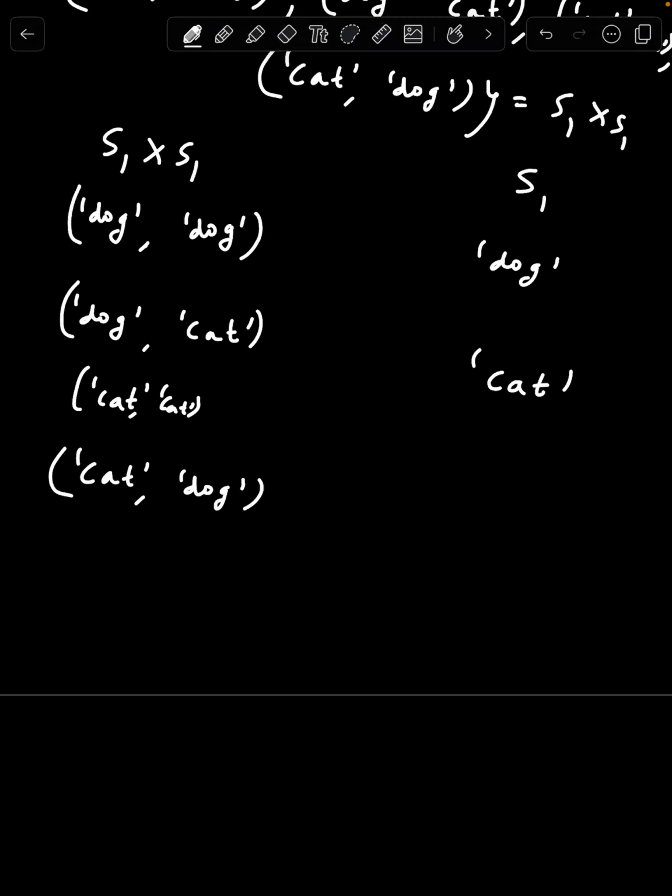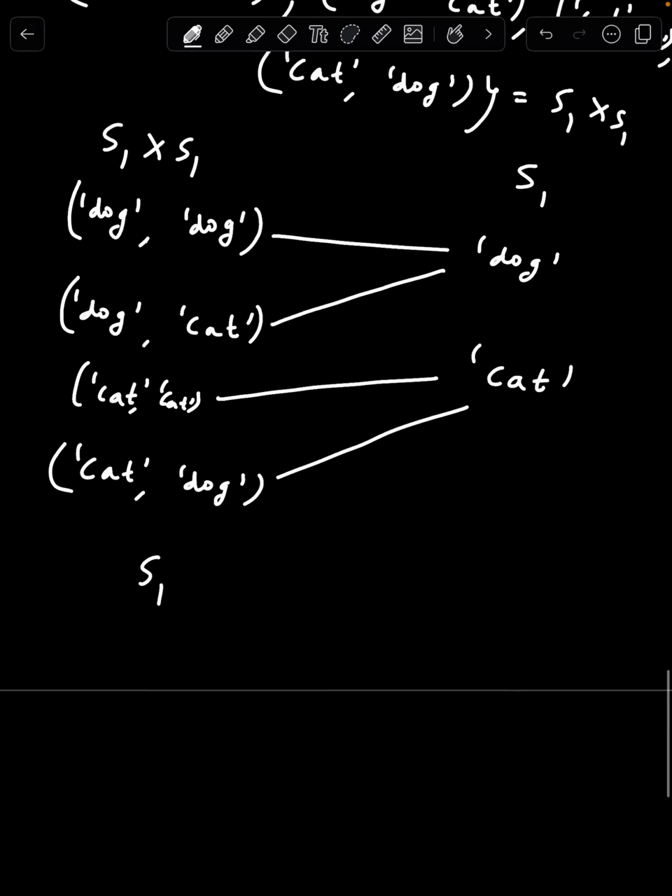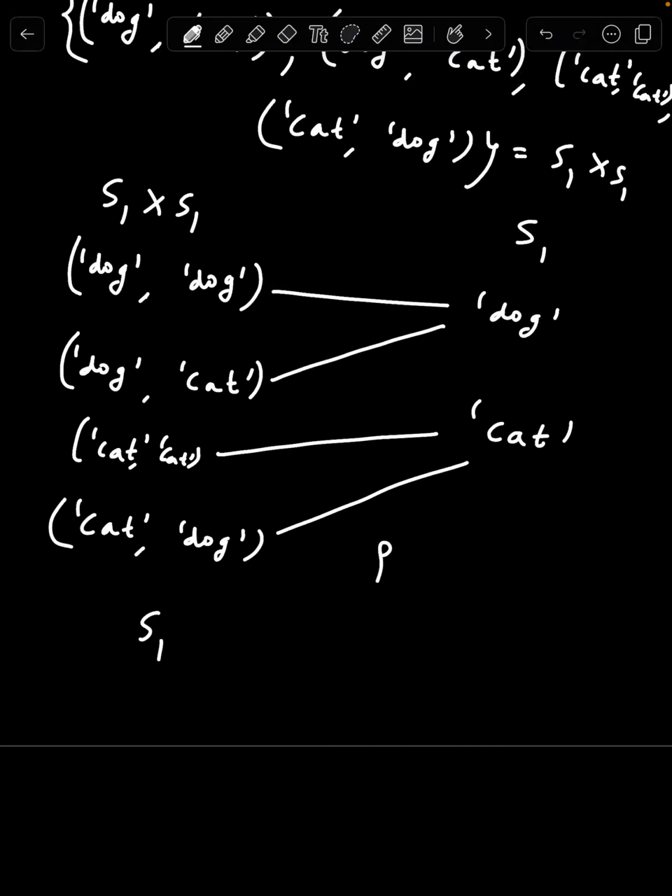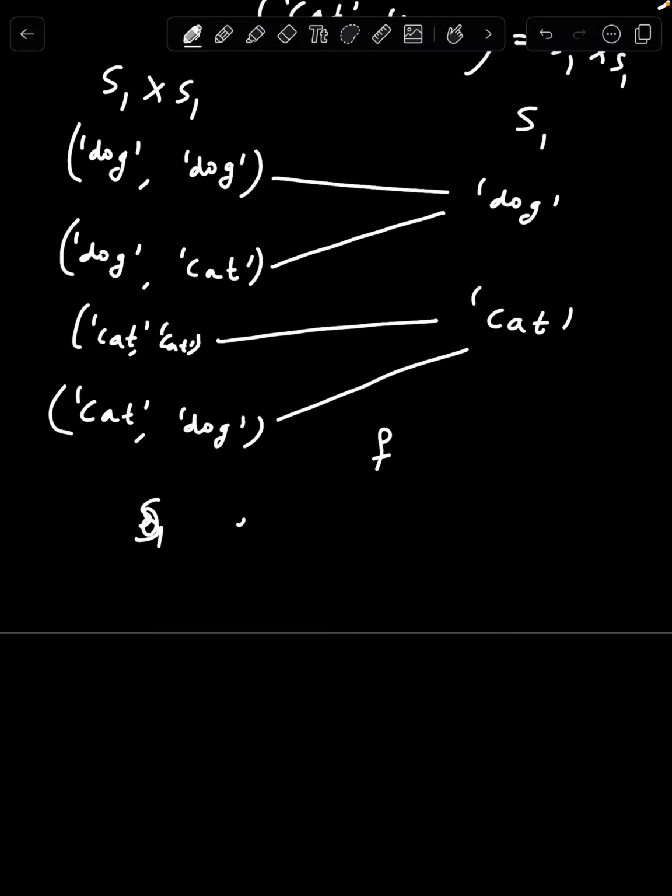So we can connect this to this, this to this, and this to this. So this is giving us a function, right? Now we're able to combine two elements of S1 to produce another element inside S1. Let's call this function F. Now, what is F of cat with cat?